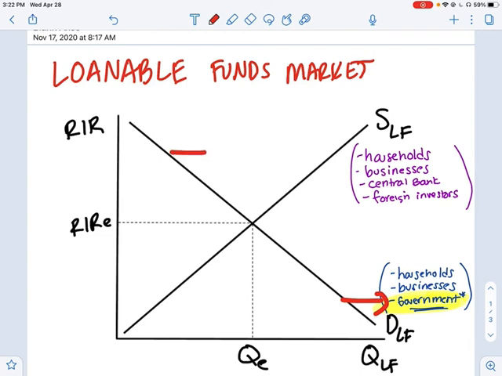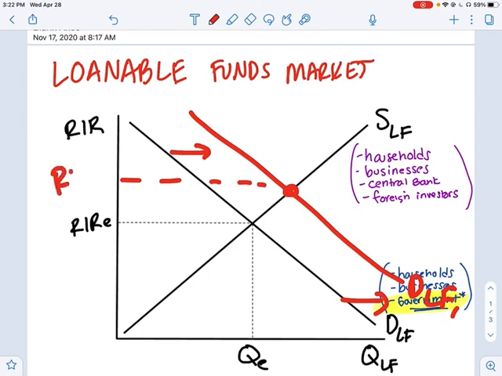And in the beginning of Unit 5, we're going to learn about a topic called crowding out. And I'll give you a sneak peek of it here, but I'm not going to tell you everything because that's another conversation for another time. But when the government has to borrow money, this drives up interest rates. And typically the government is borrowing money because they want to increase government spending. They want to increase aggregate demand.